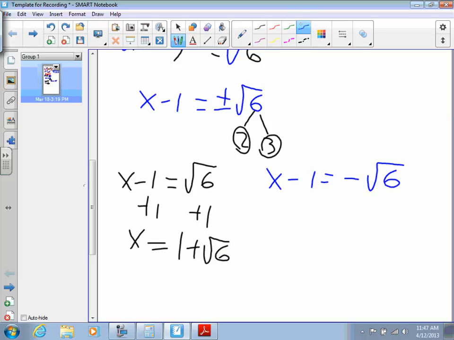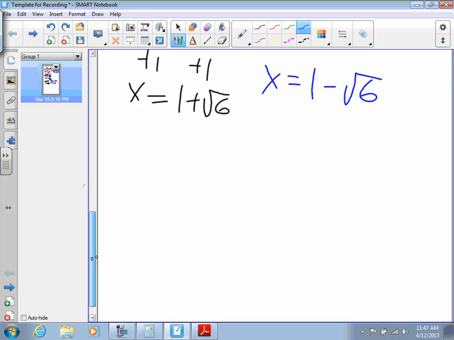And over here on this side, x equals 1 minus the square root of 6. I was getting ahead of myself. Okay, one more step. Let's write our answer. So now x equals, and again I'm going to write it in the simplified form, 1 plus or minus the square root of 6.